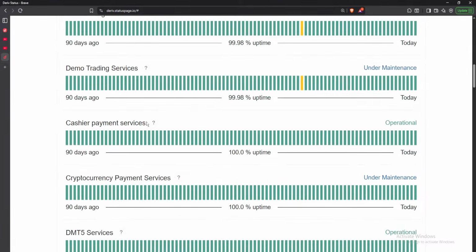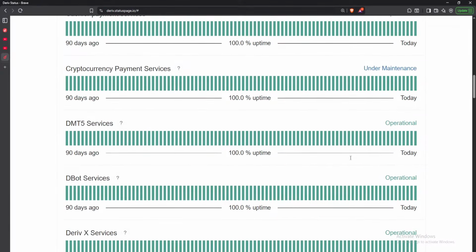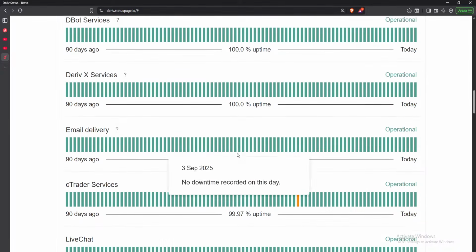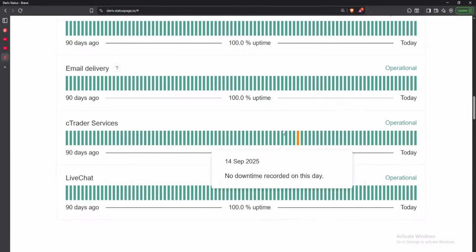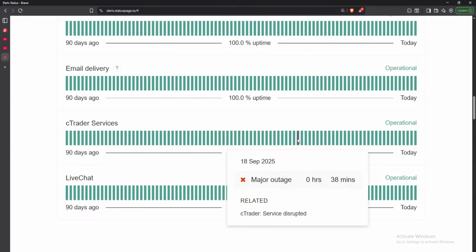Then you scroll and ensure all these are operational. As you can see, for cTrader at some point there was a major outage. I hope all of you can see. On 18th September 2025, there was a major outage for 38 minutes for cTrader.